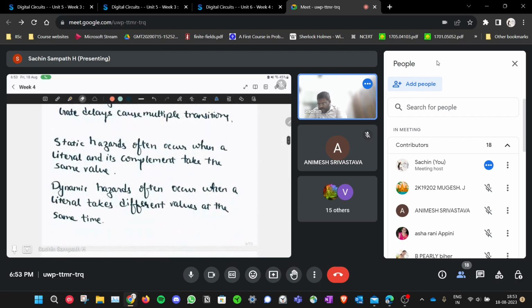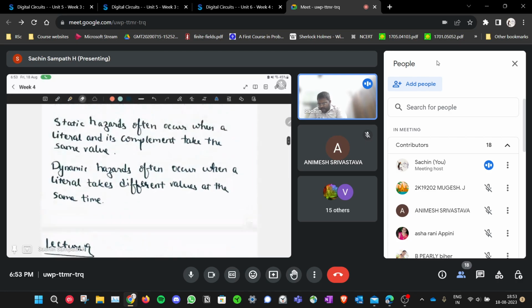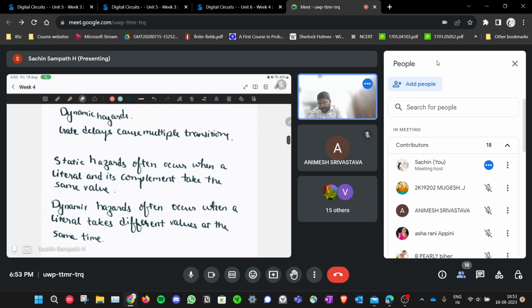So where is it given that only dynamic hazards occur in combinational circuits? But that doesn't say static hazards don't occur, right? It says dynamic hazards will occur in these situations, but doesn't say static hazards cannot occur.